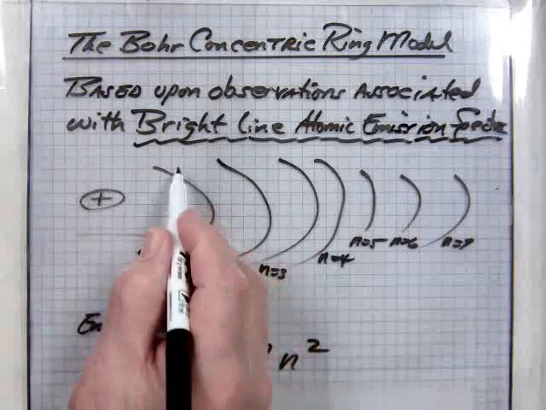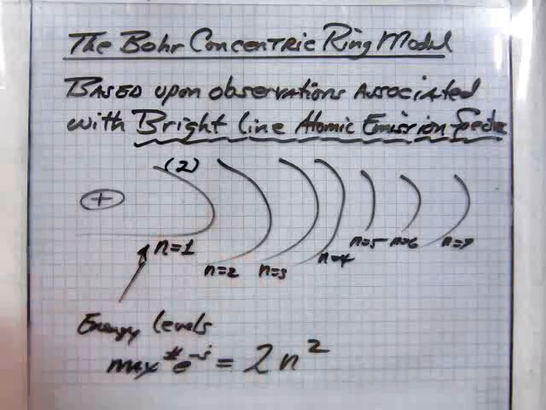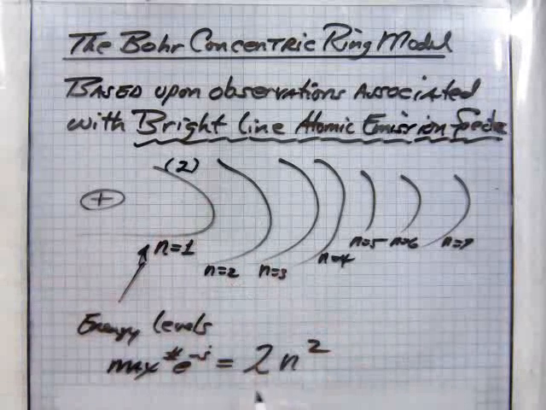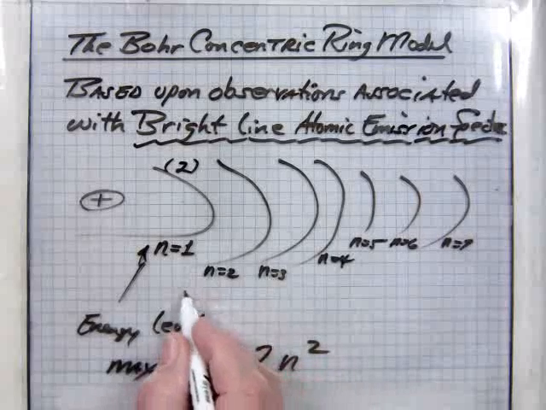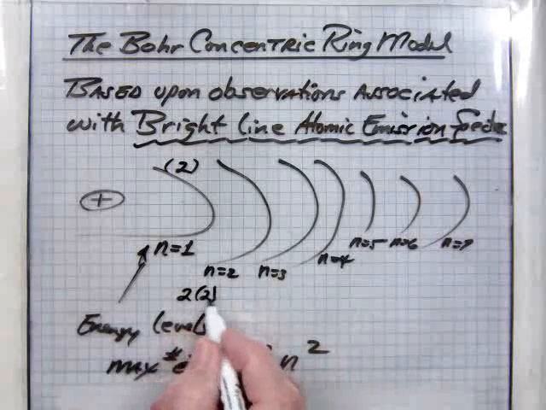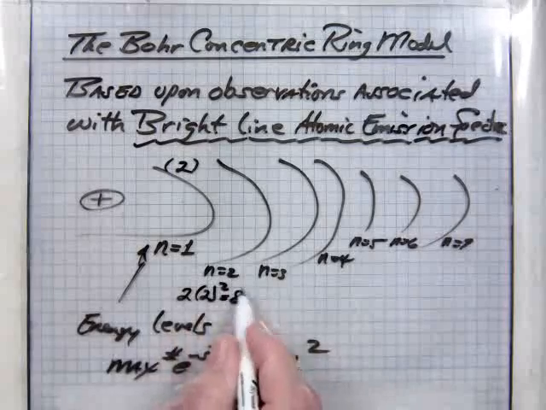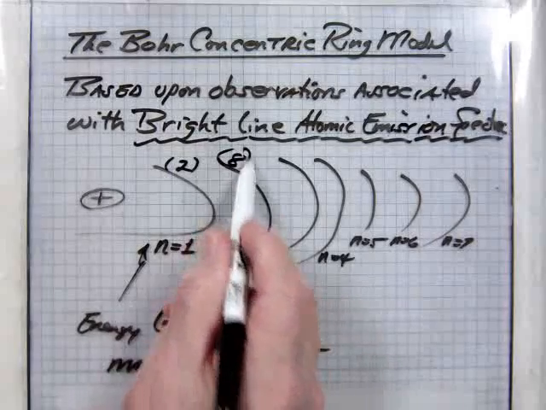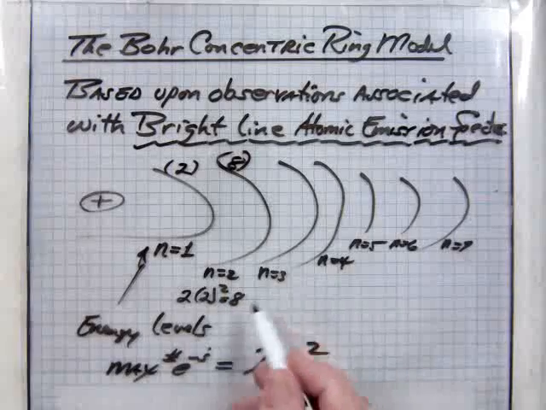So we can put 2 maximum electrons in that first ring. Once that is full, so to speak, we have to go to the n equal 2. And the n equal 2 would be 2 times 2 squared, which would be 8. So this second ring would have 8 electrons. And you continue on out.